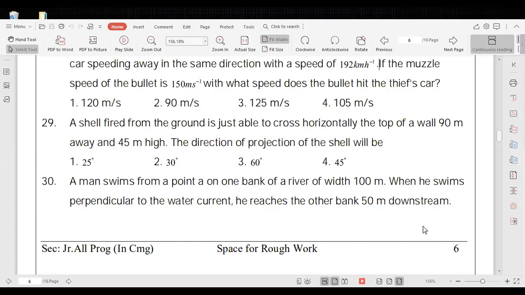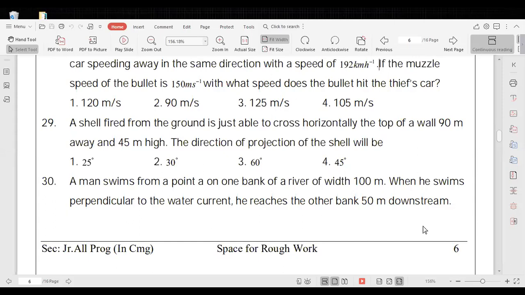When he swims perpendicular to the water current, he reaches the other bank 50 meters downstream. That means when he swims perpendicular to the direction of the river flow, with velocity of the man with respect to the river, he reaches the other bank 50 meters downstream. So the distance x is equal to 50 meters, given.